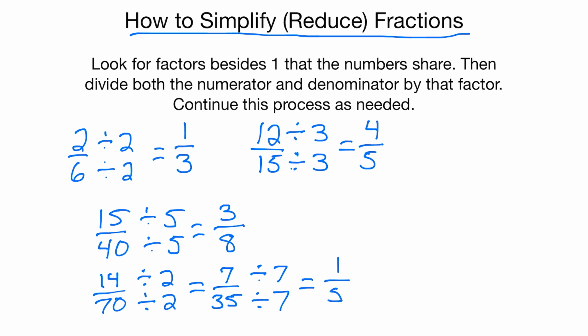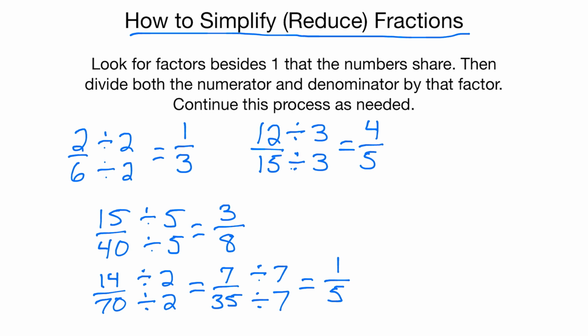So originally, when I looked at 14/70, I didn't notice that both of those were divisible by 14. But I did notice that they're both divisible by 2. And then when we simplified a little bit, we noticed that they're both divisible by 7 to get 1/5.